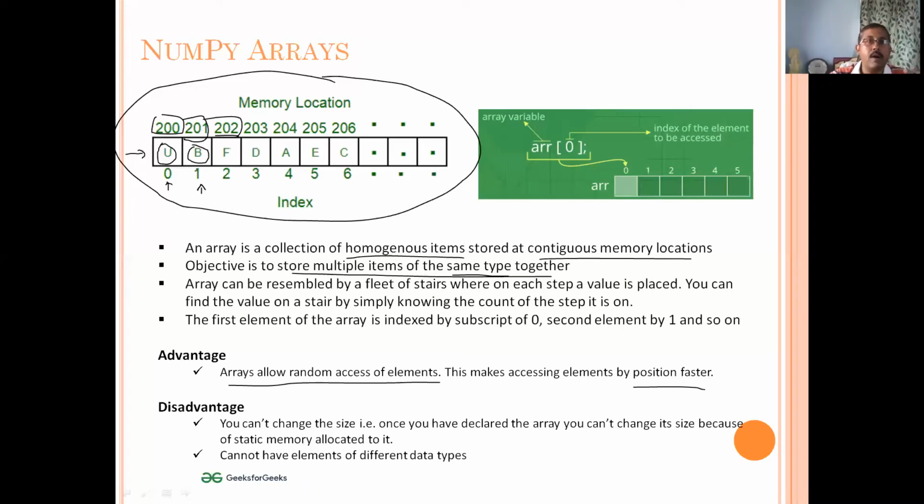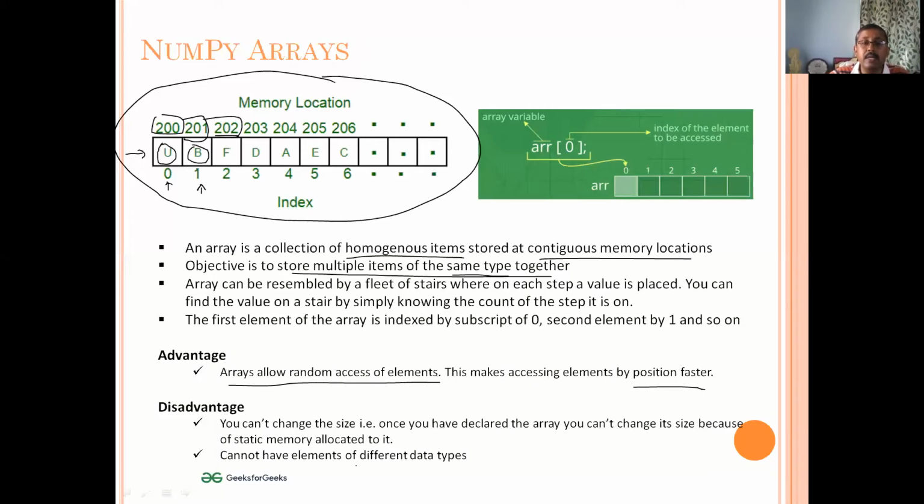Right at the beginning, you have to mention the size, right? So you have to mention how many stairs it is going to have, right? So size you have to define right at the beginning, and then after that you cannot change it. So that becomes kind of fixed. So you can say that it's a bit rigid. That's one disadvantage if you call it that way.